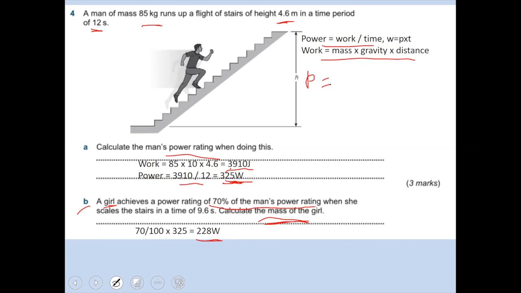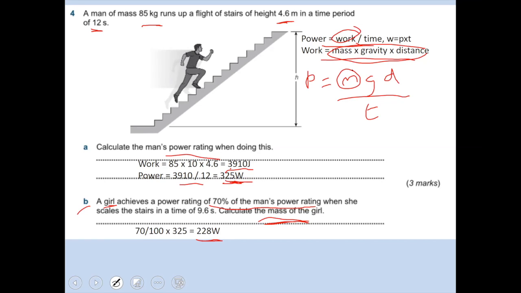Instead of writing work there, I'm going to write m times g times d, all multiplied together, divided by t, which is the time. I've just taken this figure and placed it into this equation. I've done that because the question is asking for mass, and I need to get mass on its own in the equation.